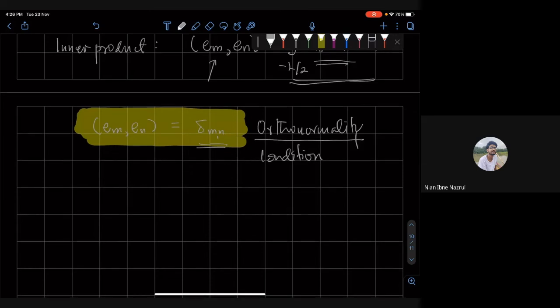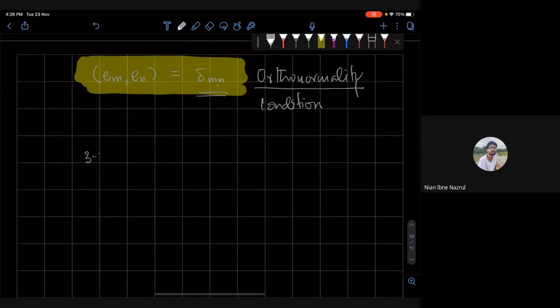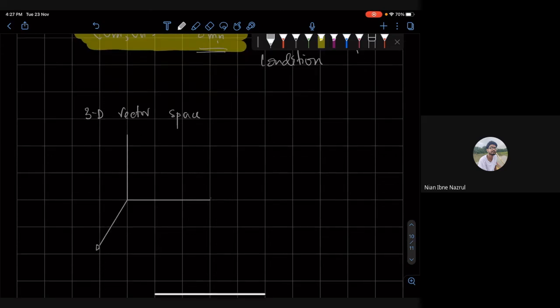So think of three-dimensional vector space. Okay, so you have, this is the z-axis, this is the y-axis, and this is the x-axis. Do you remember that we have these things called unit vectors? We call them i hat, j hat, k hat.